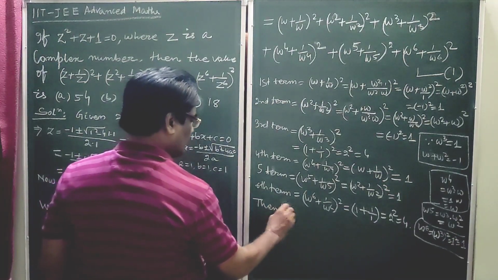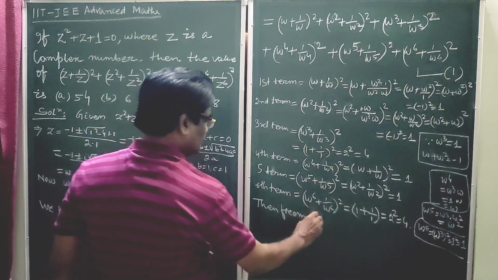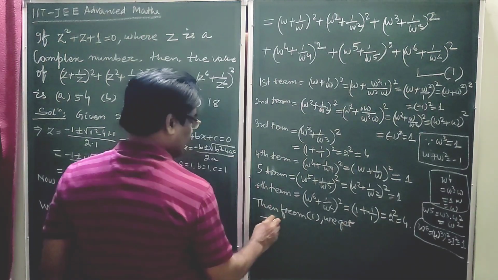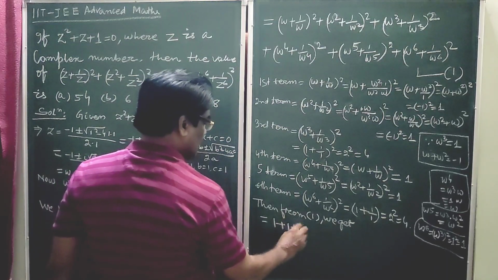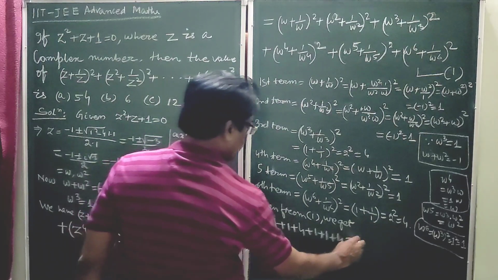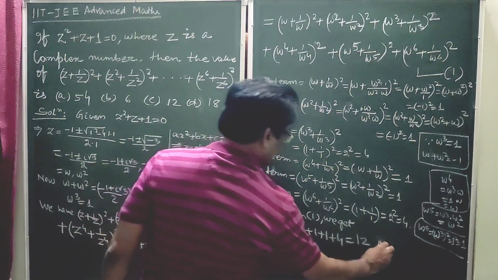Then from 1 we get, is equal to 1 plus 1 plus 4 plus 1 plus 1 plus 4 is equal to 12. Answer.